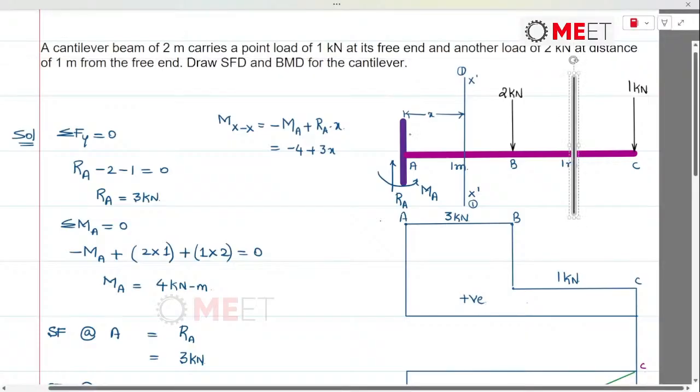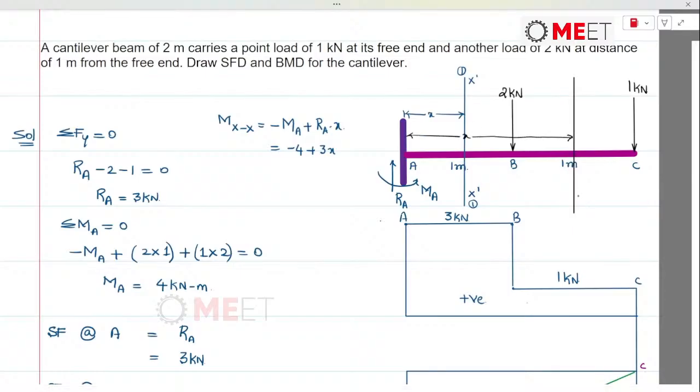Now, once again, if I place the section between the points B and C, what do I get? So once again, this distance will be marked as X only, but let me write this section as 2-2. So moment about section 2-2 will be minus MA plus RA into X. It will be copied as it is. There will be an additional term when we are shifting between points B and C. That additional term is 2 kilonewtons, and 2 kilonewtons about the section is going to produce an anticlockwise moment.